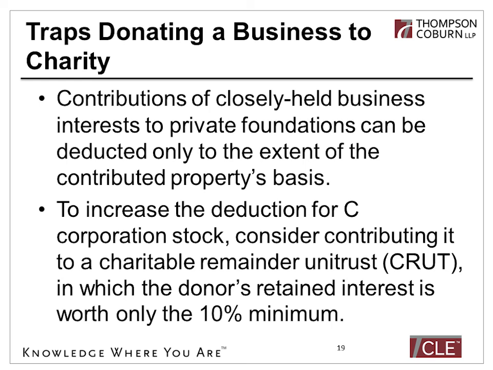So if you give an LLC that is taxed as a partnership to a charity, and the LLC has business income, then that's subject to UBI, unrelated business income. If it has debt-financed income, that is unrelated business income.